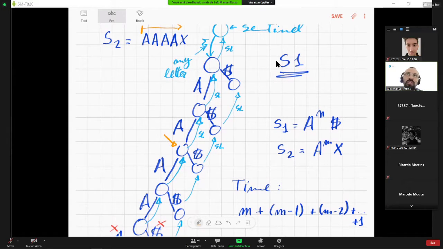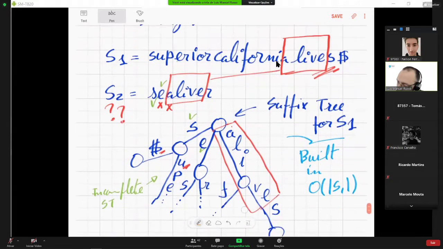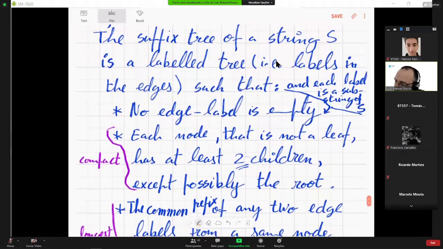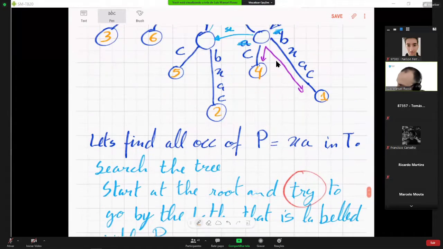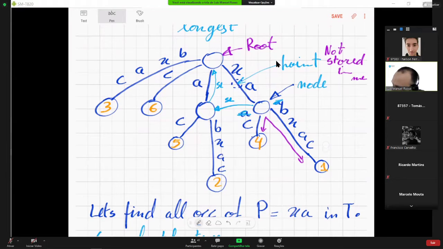And because we're storing suffix links in nodes, this is possible. But if you are in a general point, like over here, things can get trickier, right? So suppose that instead of being at this point, I'm actually over here.